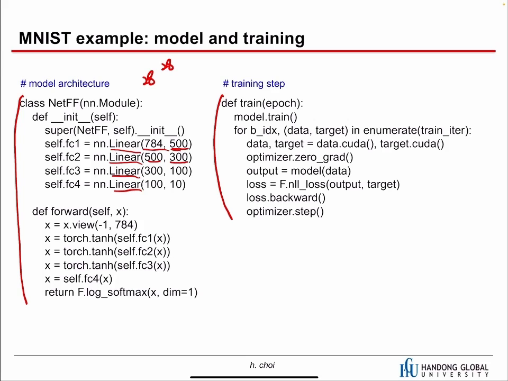Then the question is, how can we define these numbers? There's no mathematical tool to define these numbers, or there is some fancy tool to find better hyperparameters, like Bayesian optimization, but that is way beyond our class.